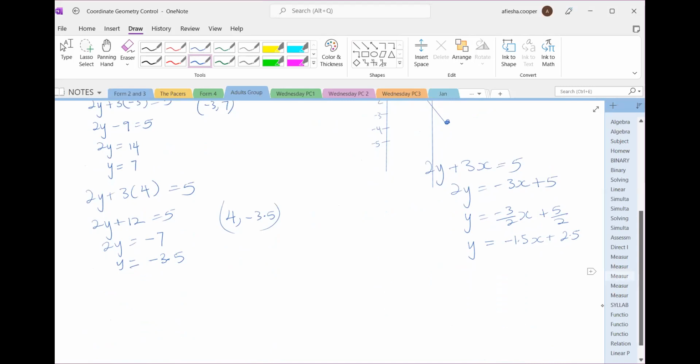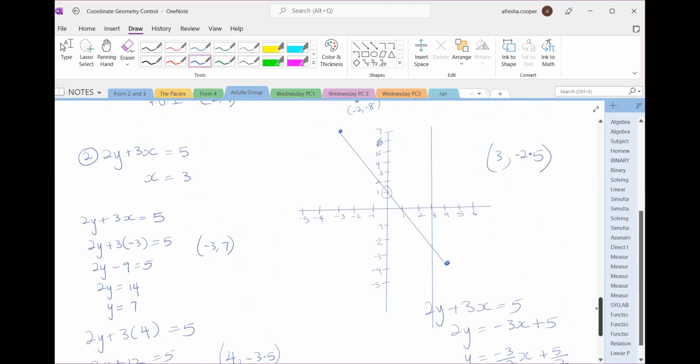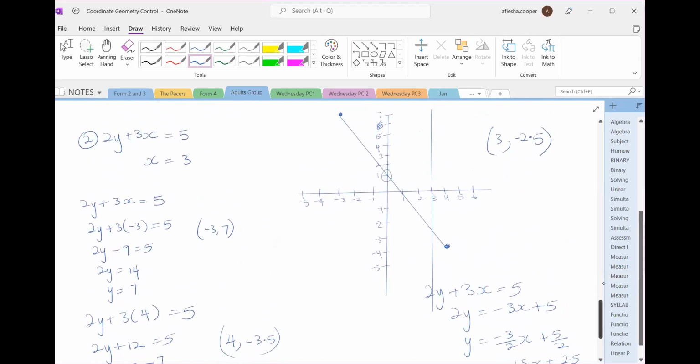I would recommend grabbing graph paper and doing the actual graphs for these on graph paper. That's the only way you're going to see correct and precise answers.